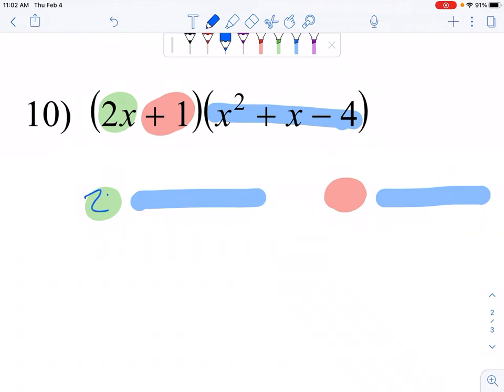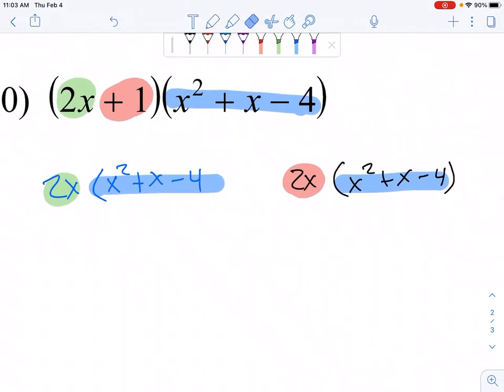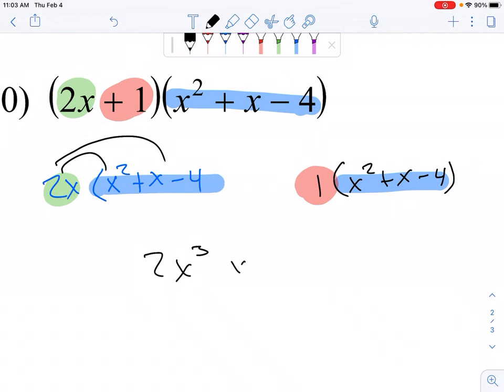So this is going to be 2x times x squared and then this one's 2x. Oh, sorry, I didn't mean to write 2x there. What I meant to write was a 1. Okay, so I multiply my first, 2x to the third, 2x.